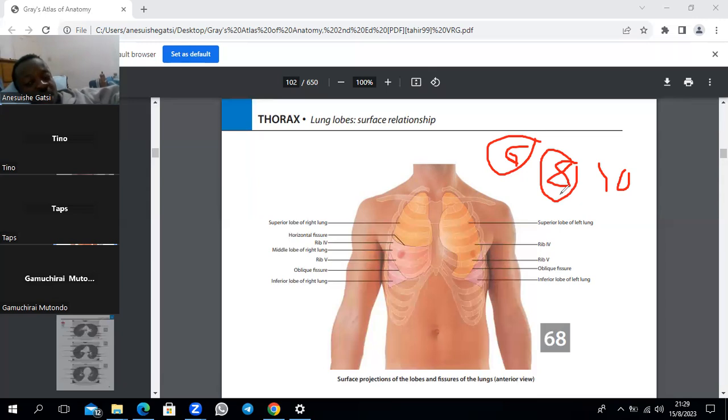So 6th rib, then the 8th rib, then the 10th rib. The difference with the lower border of the pleura is it goes 8, 10, 12. Right.